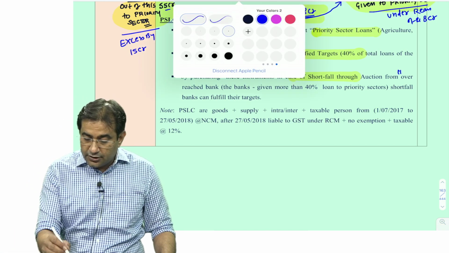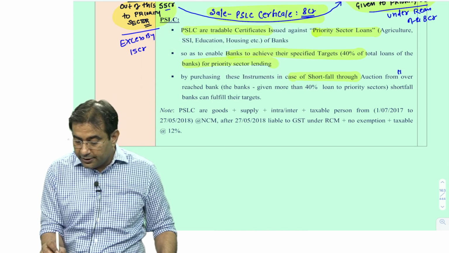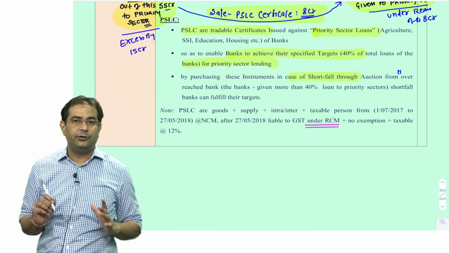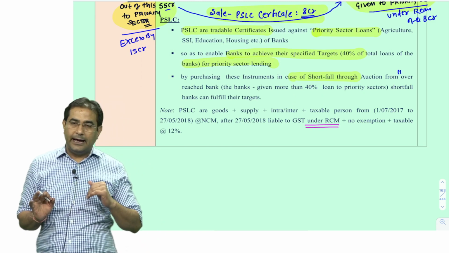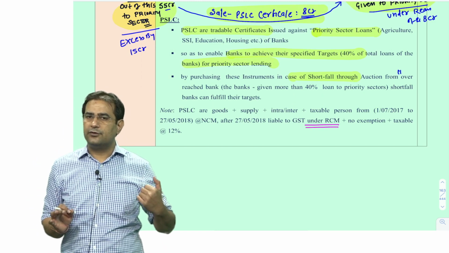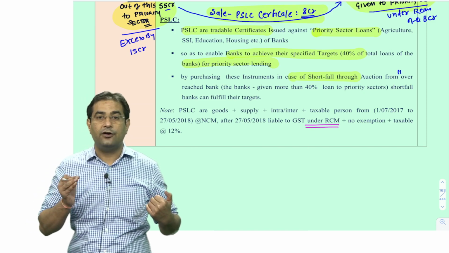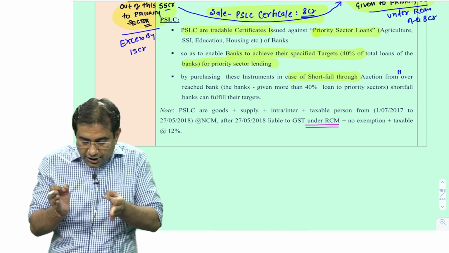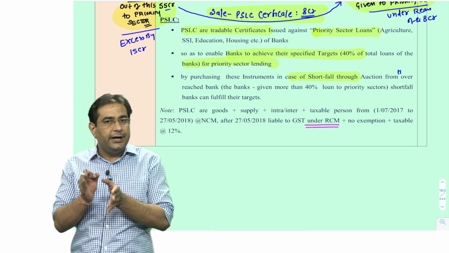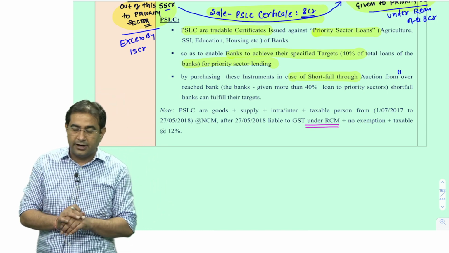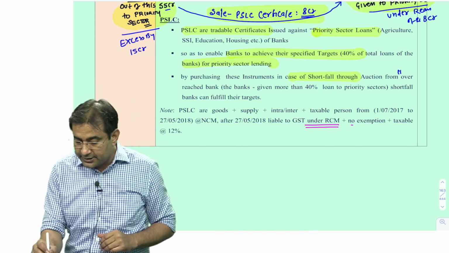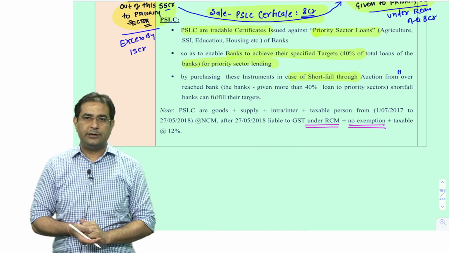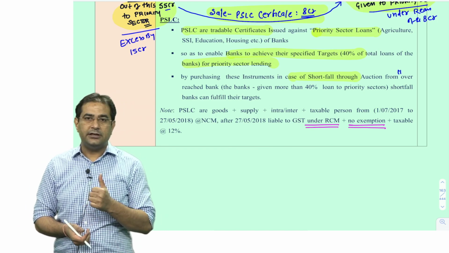As of now it is liable to reverse charge mechanism. RCM on supply of goods is not a part of your syllabus, but for your general knowledge, there is no exemption and it would be taxable at the rate of 12%. Is it okay? Yes, sir.